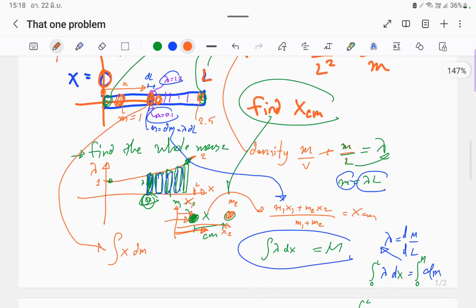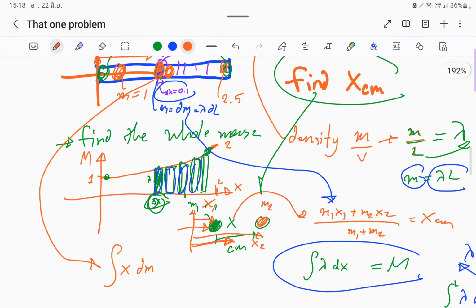It's the same mechanic that I told you before about this graph. But now it's not the lambda anymore. This time it's the mass of those little specific places. This has some masses and this has some x's.